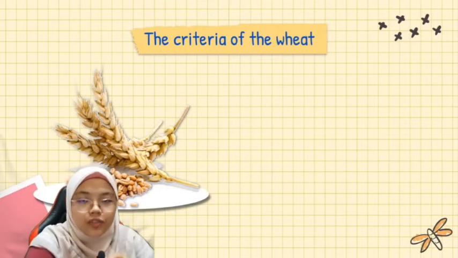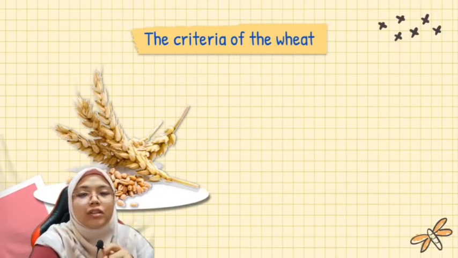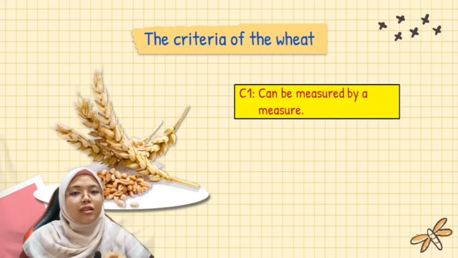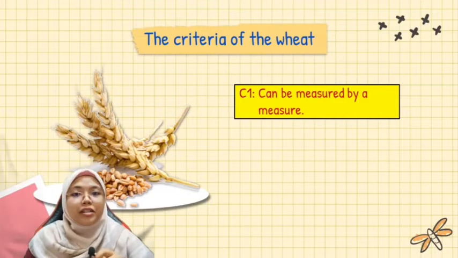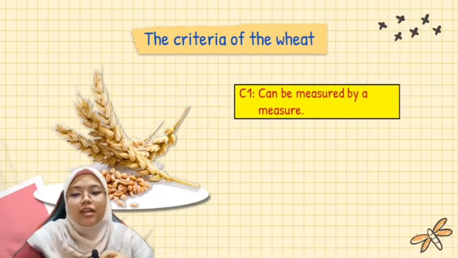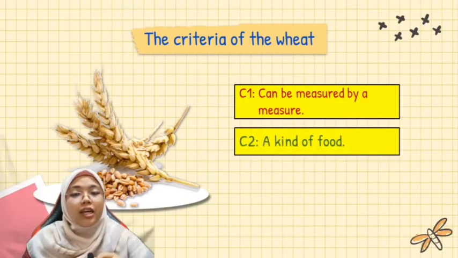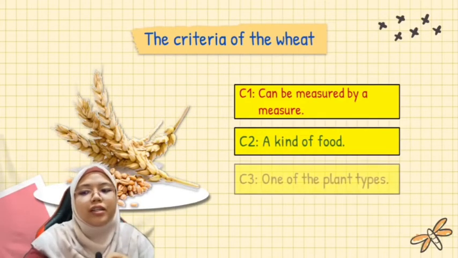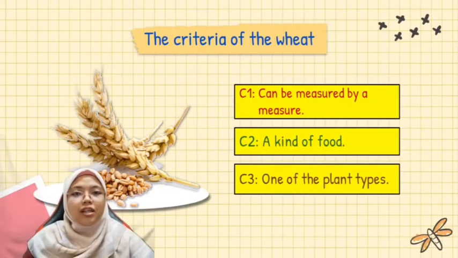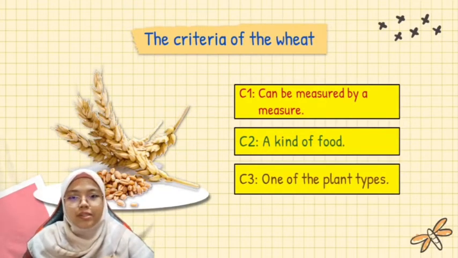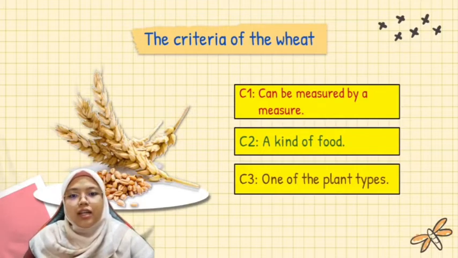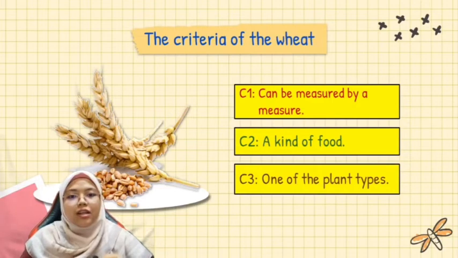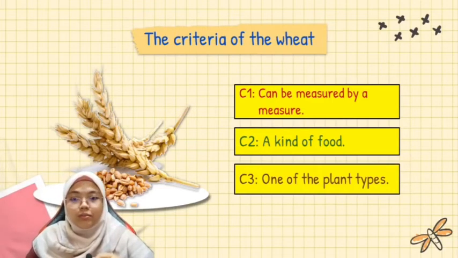The first criterion the mujtahid finds is that wheat can be measured by a measure. The second is that it is a kind of food. And the third criterion is that wheat is also one of the plant types. After listing these criteria, the mujtahid will apply them to the remaining 5 items.